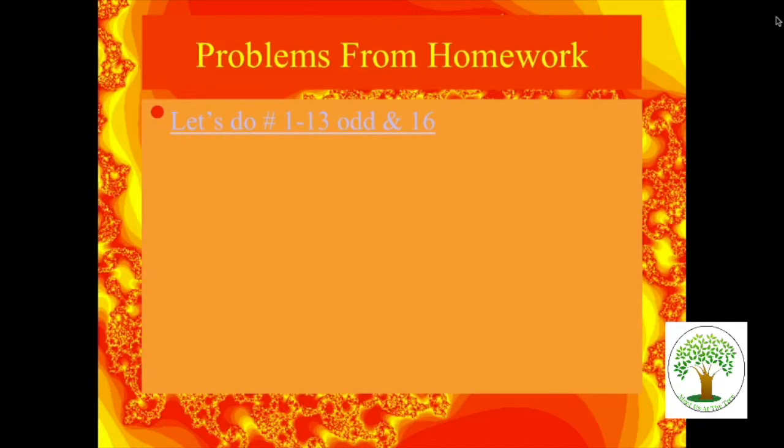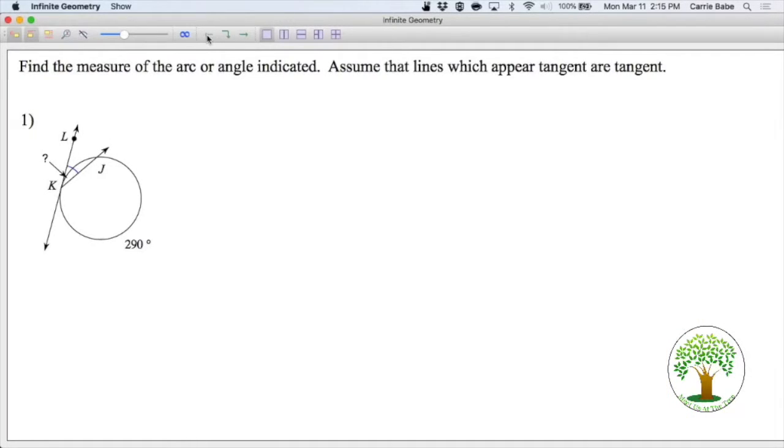All right, let's get out your homework. So what am I going to add, subtract, multiply, and divide on this one? If this whole thing here is 290, what's the leftover piece? Subtract it from 360. 70. Okay.